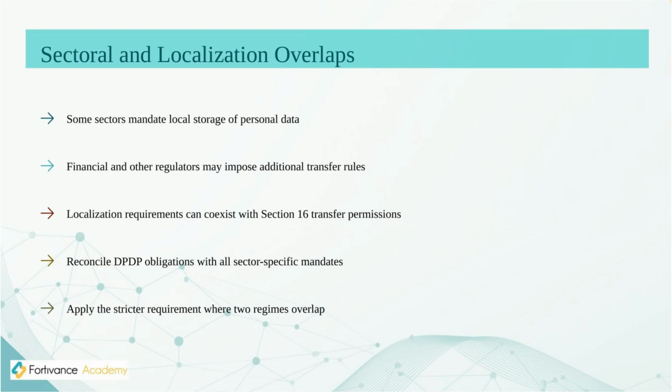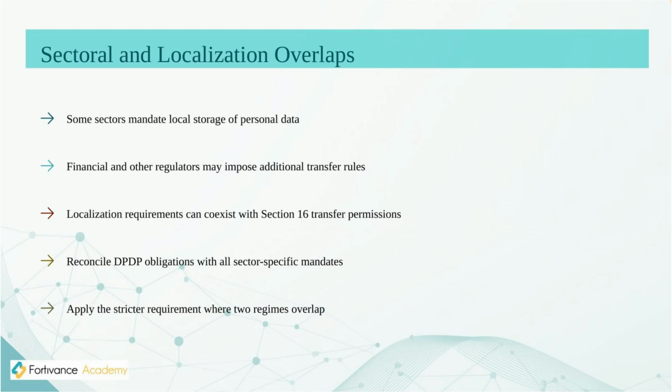Let me give you the clearest example. In the financial sector, there are well-known requirements around keeping certain payment data within India. So even if the DPDP cross-border rules might broadly permit a transfer, a sector-specific localization rule could independently require that particular data stay onshore. Think of it like needing multiple permissions to do something.